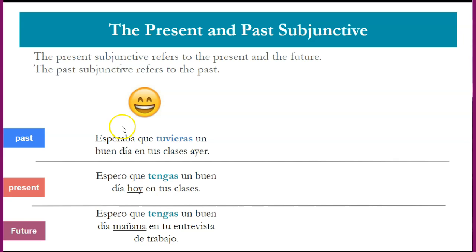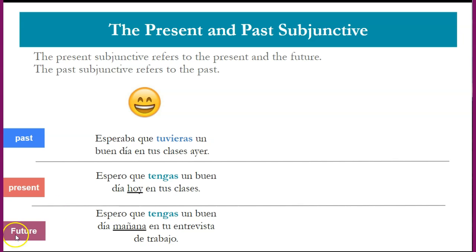If you see number 1, esperaba que tuvieras un buen día en tus clases ayer, you're saying yo esperaba, I hoped. You're using the imperfect, you're referring to the past. I hoped in the past that you had a good day yesterday in your classes. So you're using the past subjunctive to refer to a past event or action.